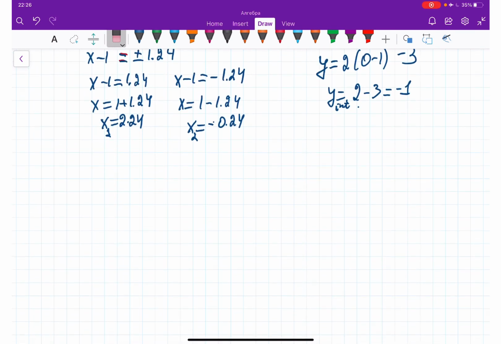y is equal to negative 3 times x plus 2 squared. Okay, let's see how we're going to solve this one.